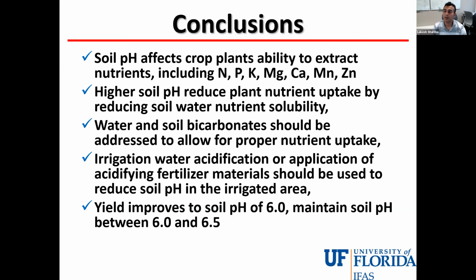Thank you. Next question is, what is the cost of irrigation water acidification? It varies on the starting point, how alkaline your water is, but it can vary from a few $100s a year in citrus to somewhere approaching $1,200 to $1,300 per acre. So it can be quite expensive if you start out with very high soil pH and very high water pH.